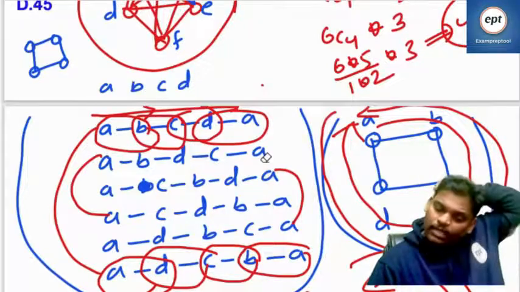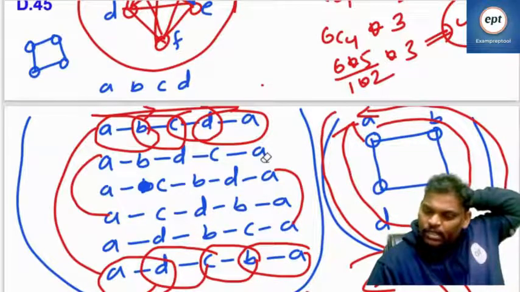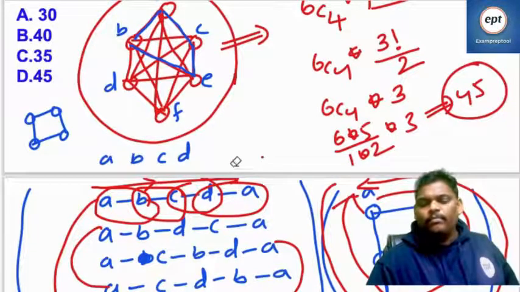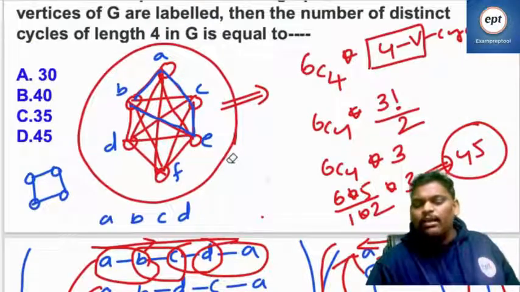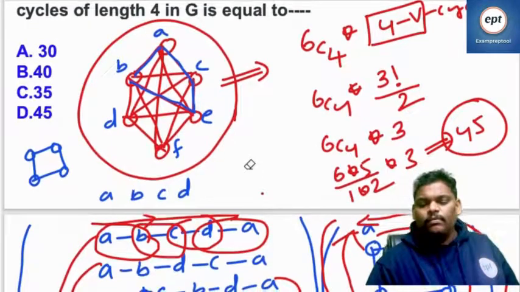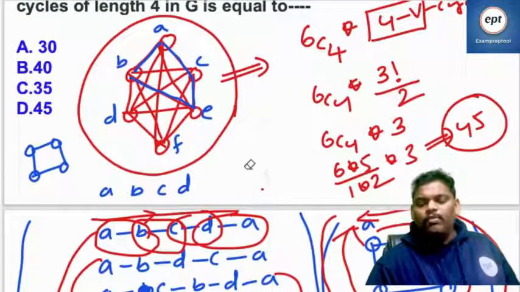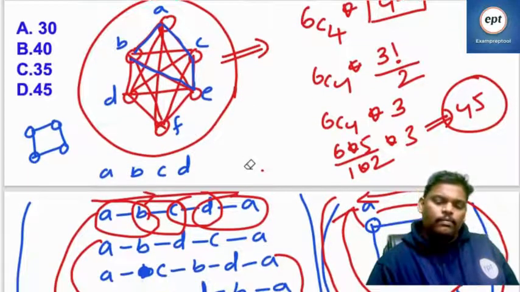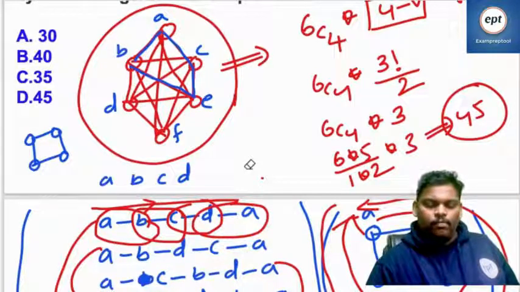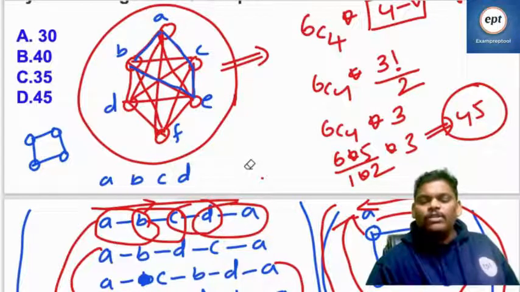Someone is asking, if labels are not there, how to identify? If labels are not there, can I say only one? How to differentiate?